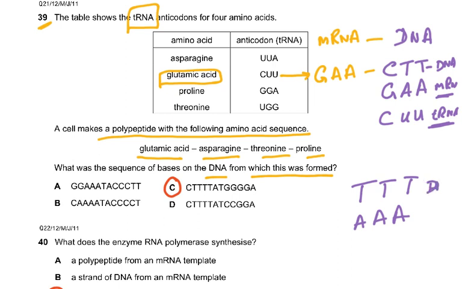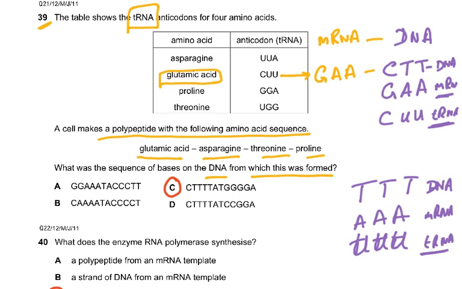So DNA is TTT, mRNA is AAA, then the tRNA, if you're going to use the DNA method, you need to convert these into U's, because RNA only has U's, doesn't have T. So even if you've got a T written, you can do it the DNA method, then convert the T's into U's. Whatever suits you, you've got to figure that out.